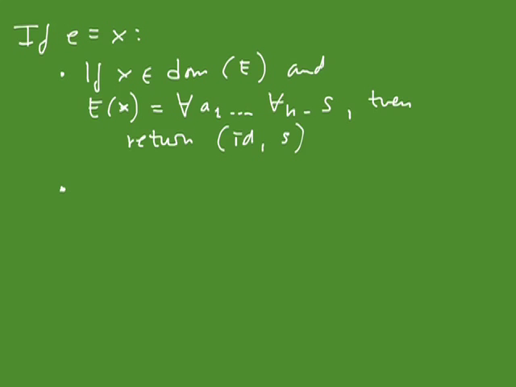Otherwise, if X is not mentioned in the type environment, we fail. So this part of the well-typedness algorithm allows us to make instantiations of variables. Remember the type rule for instantiations. We strip off the quantifiers and then we can instantiate the type variables. And this is exactly what we do here also.